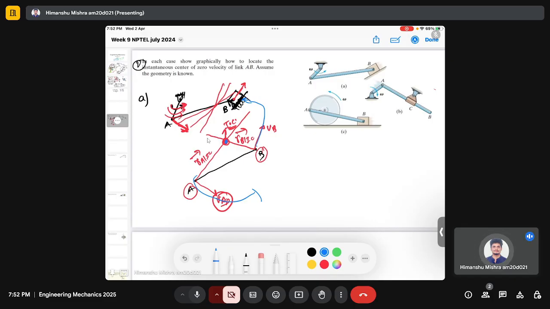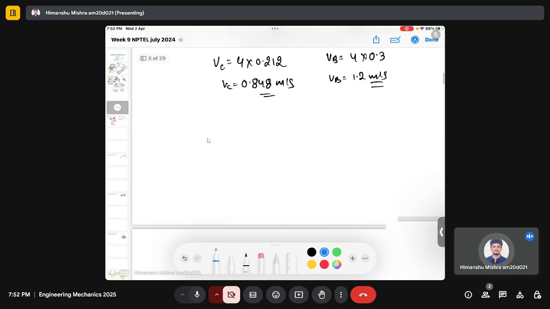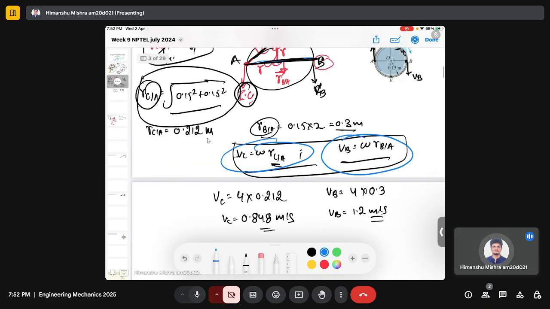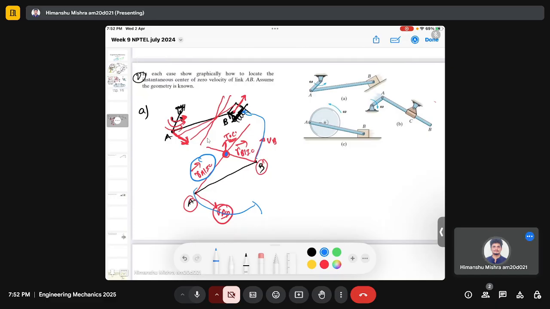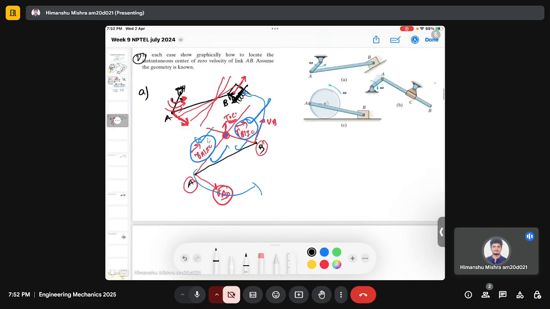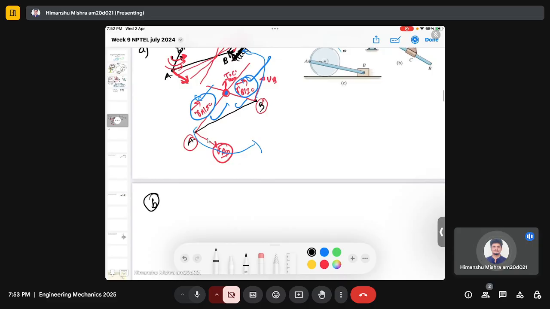So whenever we are solving a problem, we have to use the same concept that we used in earlier classes, but first we need to find these position vectors from point A to the instantaneous center and from point B to the instantaneous center. So finding these vectors is crucial. Once we find these vectors, we can use our old formulas to calculate the unknowns. Similarly, we can draw figure B.